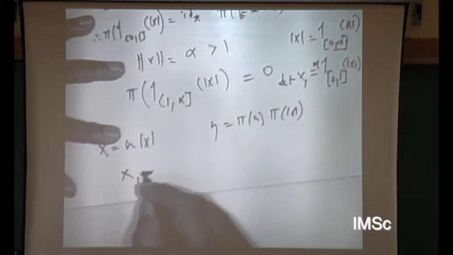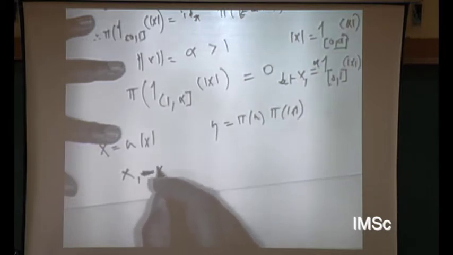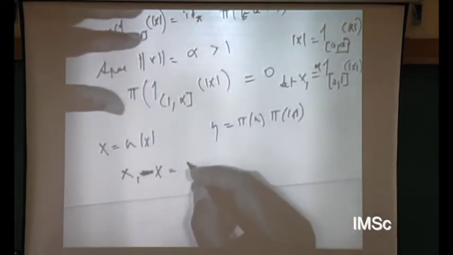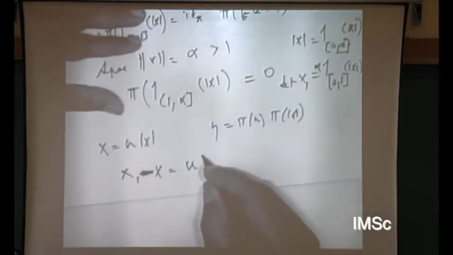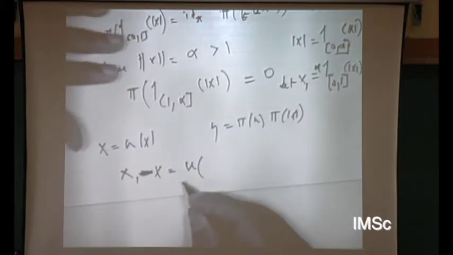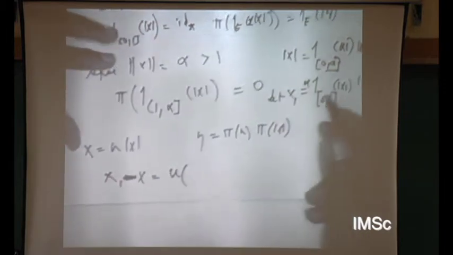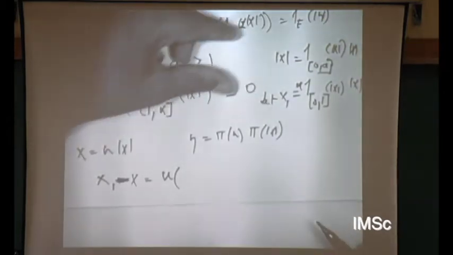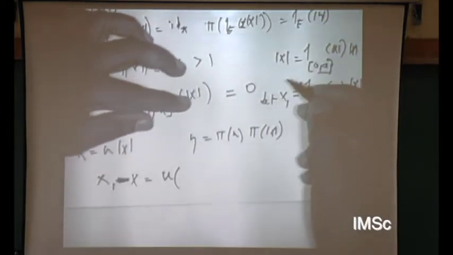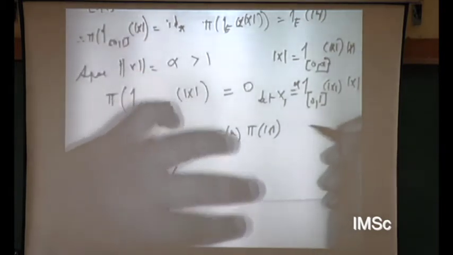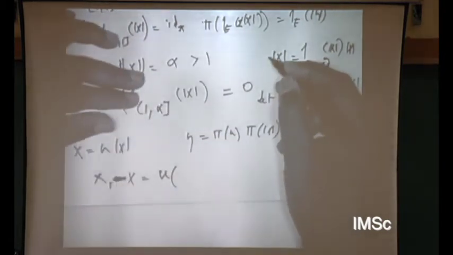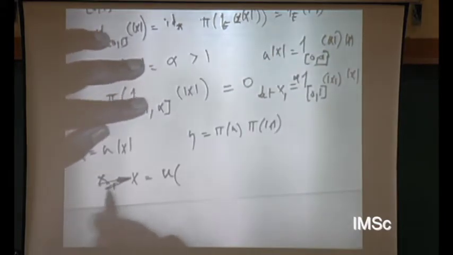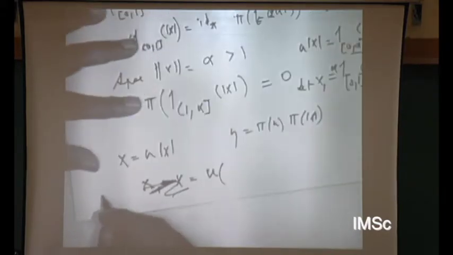See, x1 minus x equals u times 1 0 all sometimes. Let me look at x minus x1.